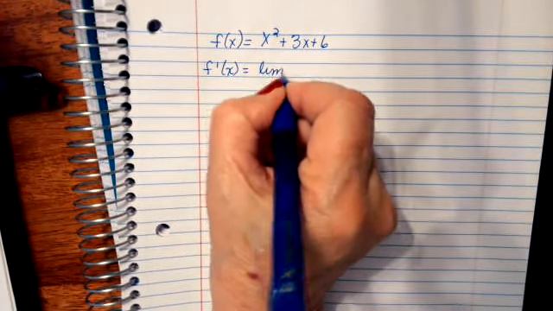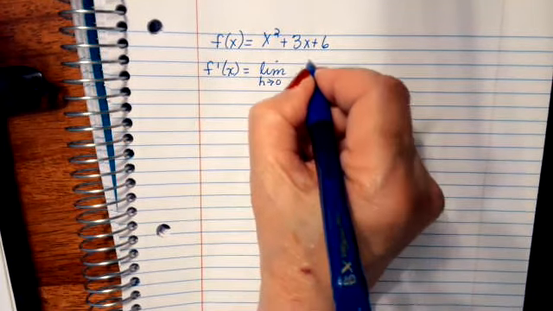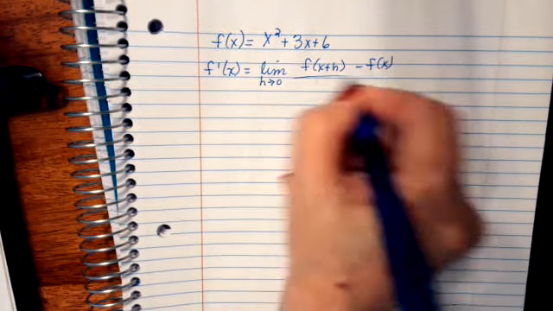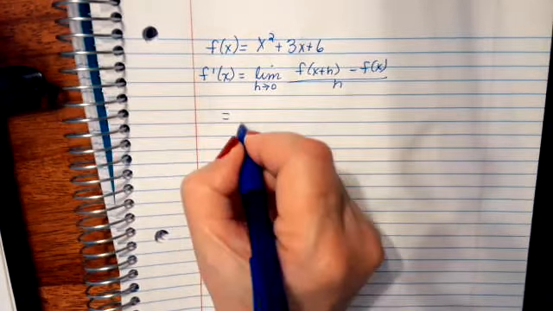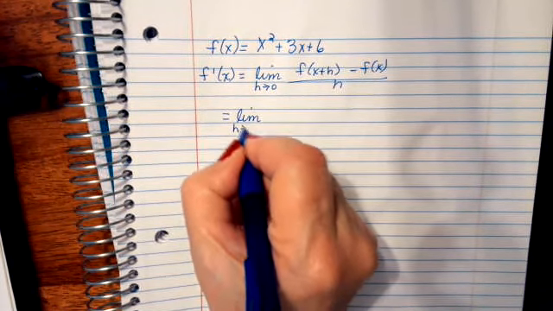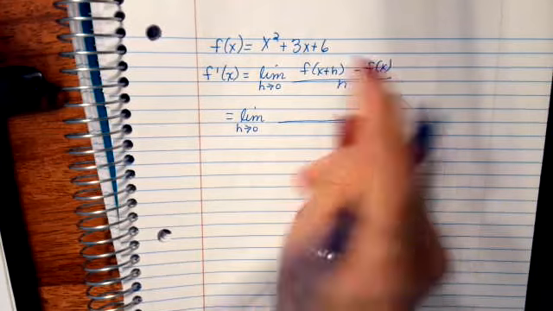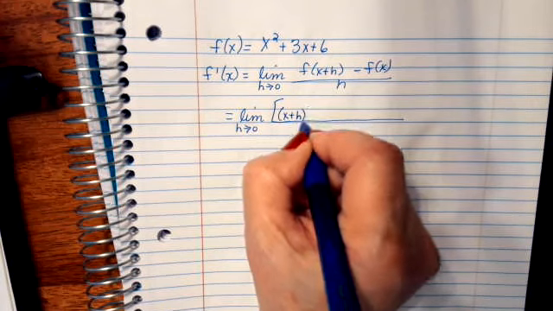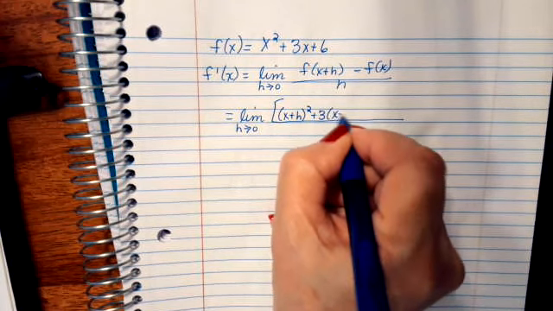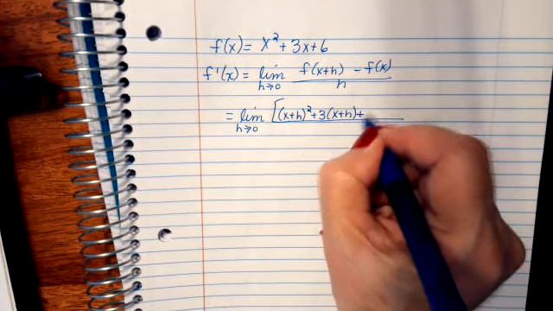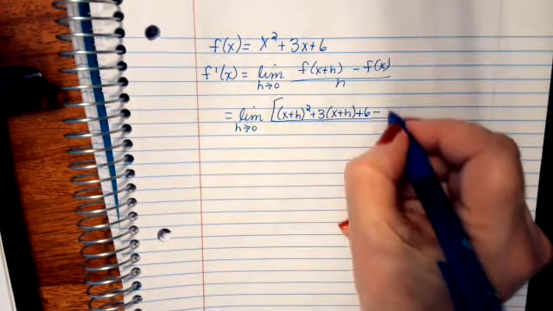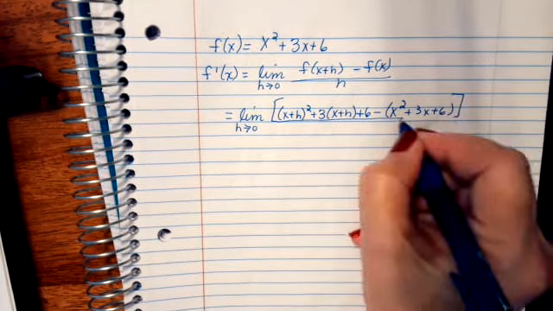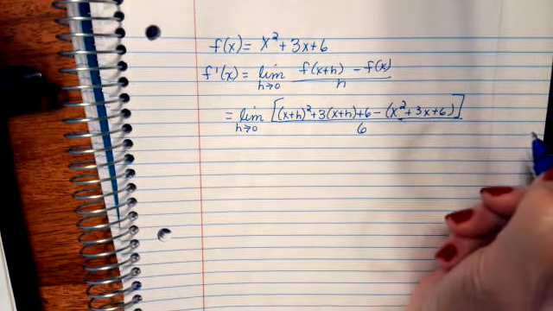It's equal to the limit as h approaches 0 of f of x plus h minus f of x all over h. F of x plus h is going to be x plus h squared plus 3 times x plus h plus 6 minus f of x, x squared plus 3x plus 6. And all of that divided by h.